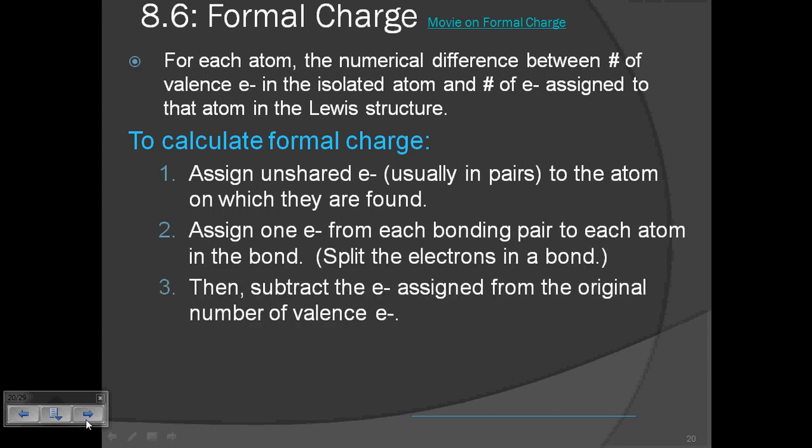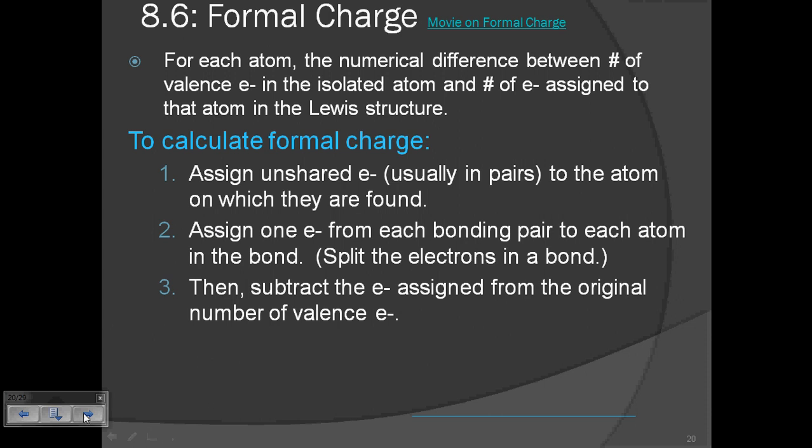And how do you calculate formal charge? It might seem a little confusing as I'm reading the rules, but when I take an example with you, it'll be very clear. So these are some guidelines to calculate formal charge. You assign the unshared or lone pair electrons to the atom on which the lone pairs are present. Half of the bonded electrons go to one atom, the other half go to the other atom.